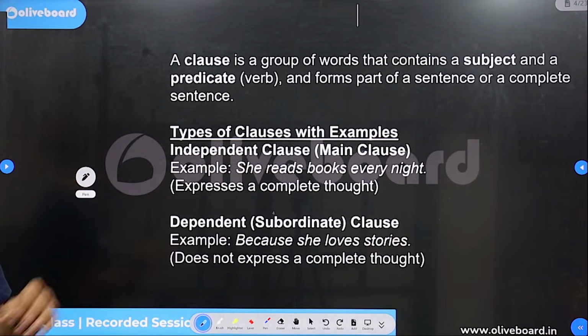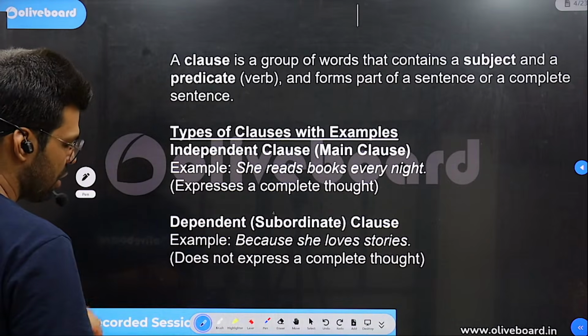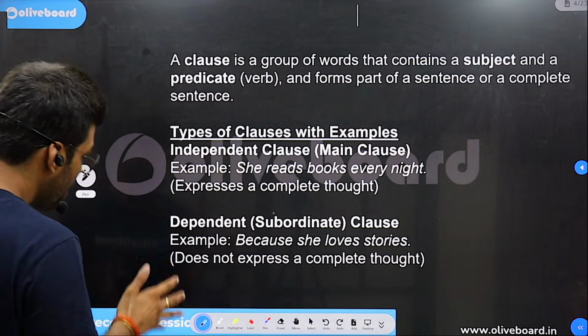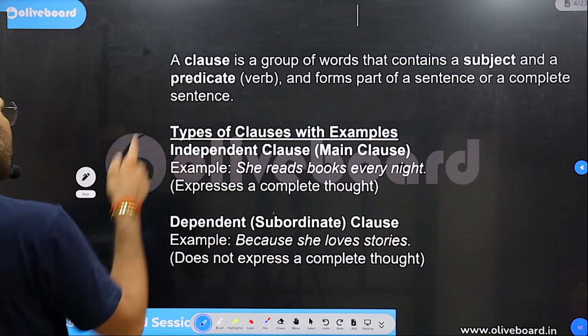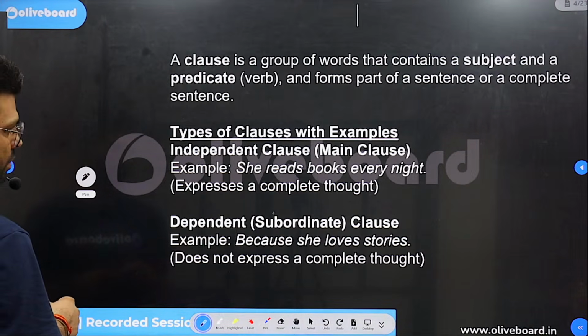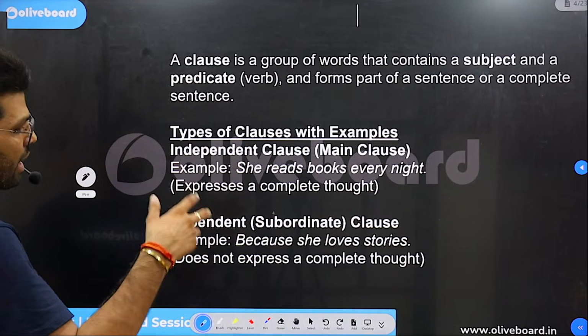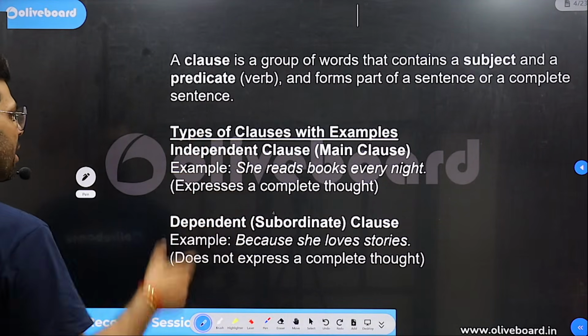Phrases do not have a subject and predicate verb of their own, but clauses have a subject and predicate of their own. If they can stand independently, they do not need any other statement to complete their meaning, we call that an independent clause.